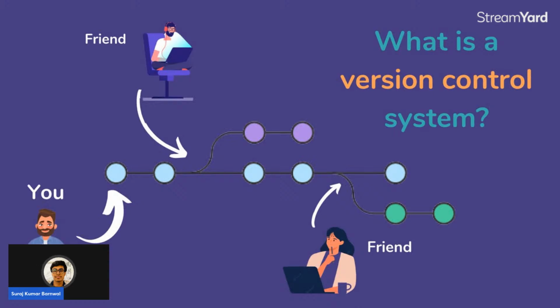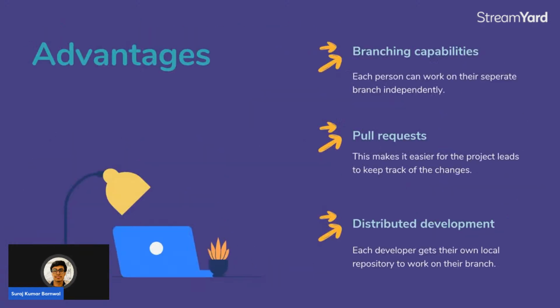So there are 3 developers distributed in 3 branches, hence forming a distributed development. So Git favors distributed development without any clashes between each of these developers or development environments. Here it is branches. So that is what distributed development is. Each developer gets their own local repository to work on their branch.